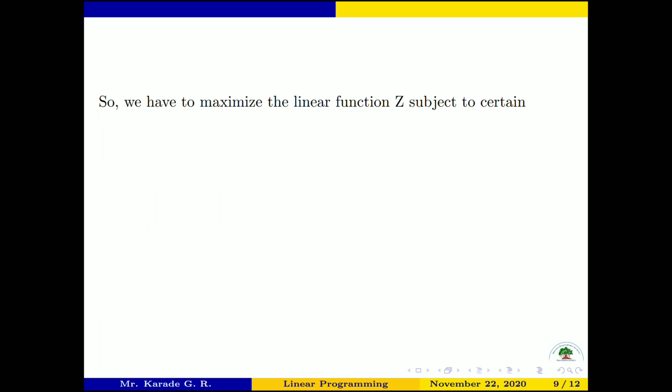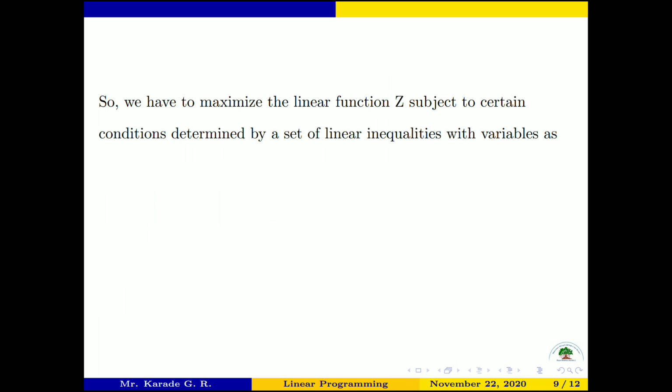So we have to maximize the linear function z subject to certain conditions determined by a set of linear inequalities with variables as non-negative.